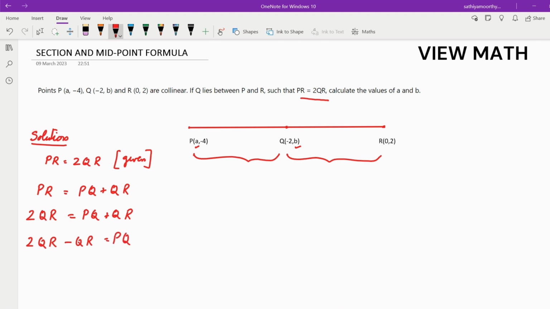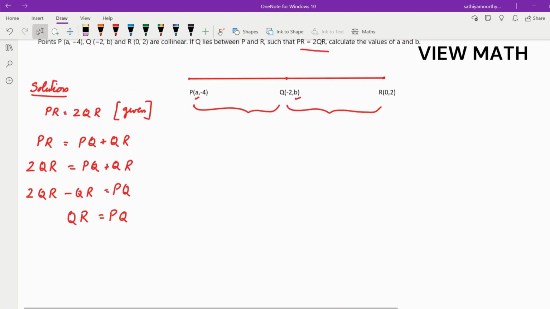So 2 times QR minus QR is QR. So QR is equal to PQ. So from this what I can say is Q is the midpoint of PR. Therefore PQ is equal to QR. Now this distance PQ is equal to QR.